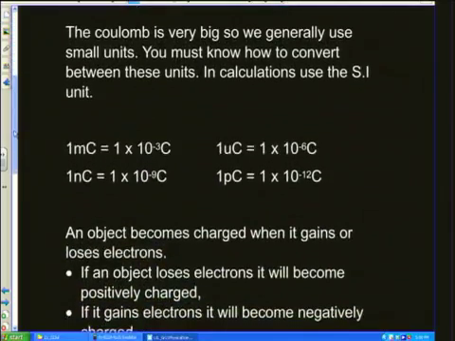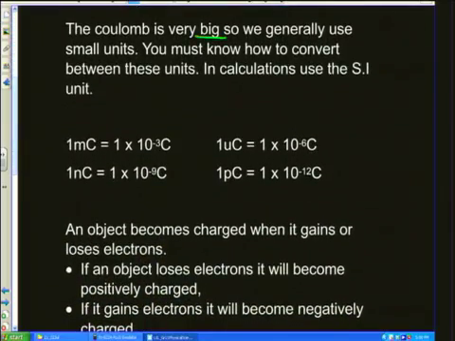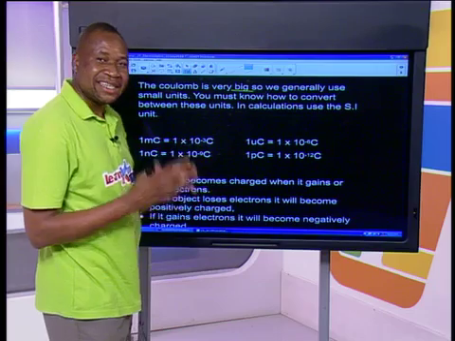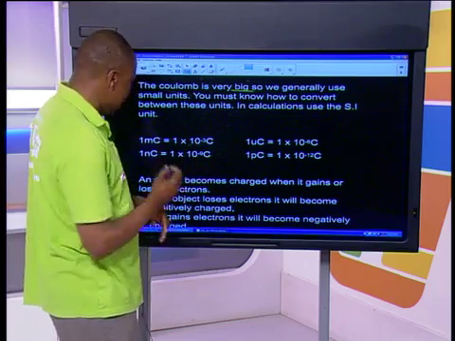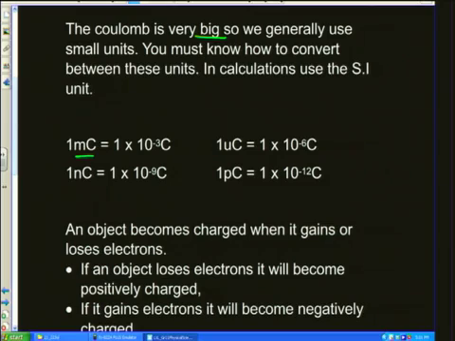The coulomb is a very, very big unit, so we usually use smaller units that are easier to work with. Units like millicoulombs, microcoulombs, nanocoulombs, and what we call picocoulombs.